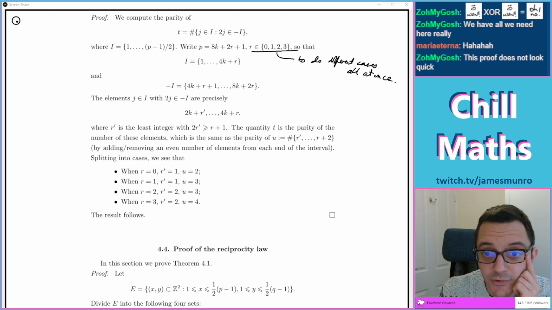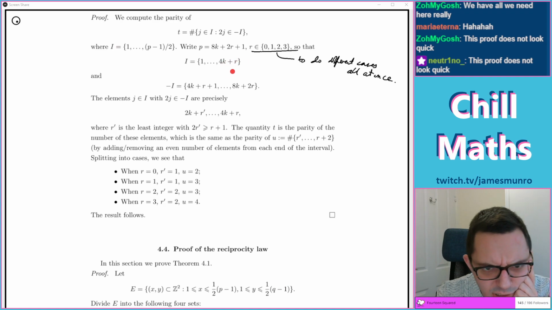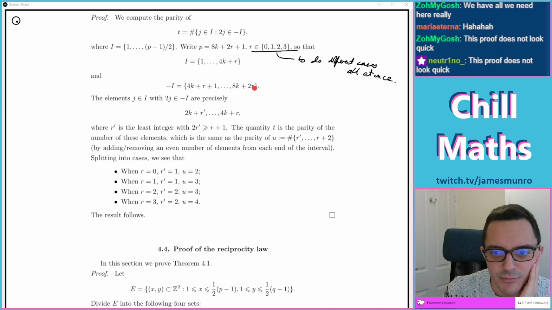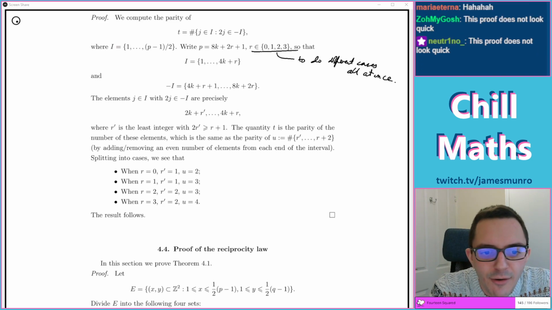Okay, your prime is 8k plus some smaller number. So then I is this many things. Minus I is the rest of them. The elements of that are precisely, oh my goodness, 2j minus I are precisely that half. Right, okay. Quantity T is the parity of the number of elements.